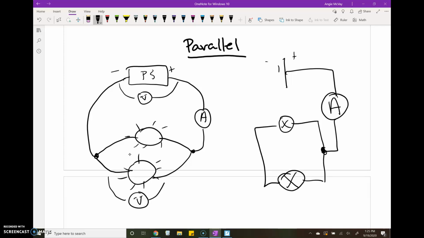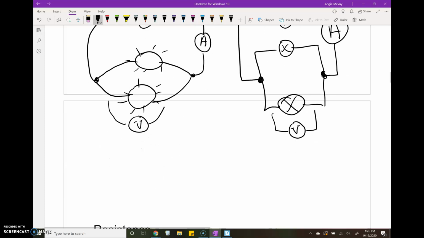Right, so this is all squared off, and then a junction kind of in the middle where they connect, and then you'd bring it back around, and you still would have your voltmeter here, and your voltmeter there. Okay, so again, that's how you would draw a 2 light bulb parallel circuit in a circuit diagram format.